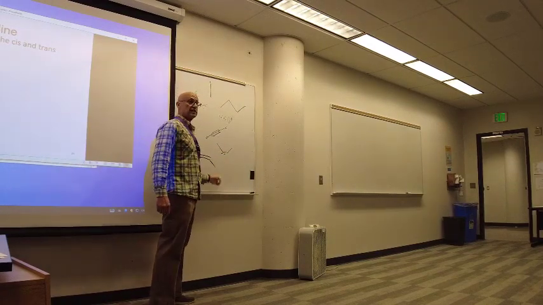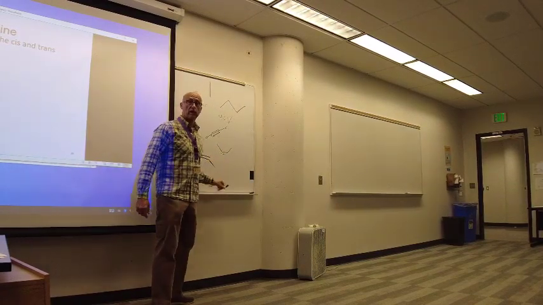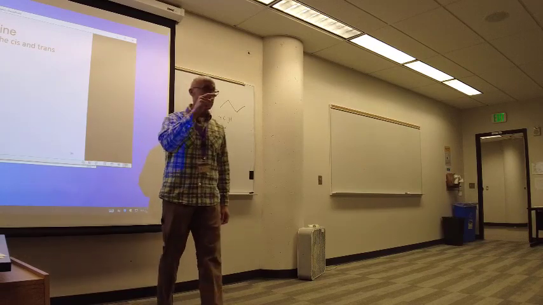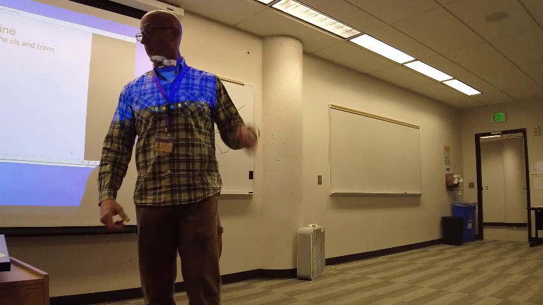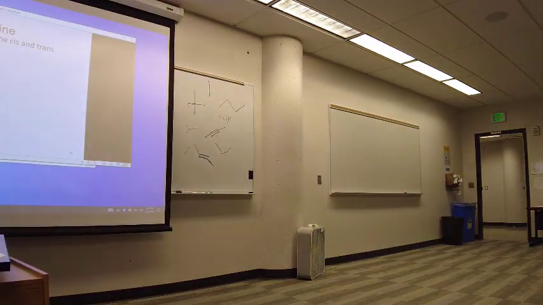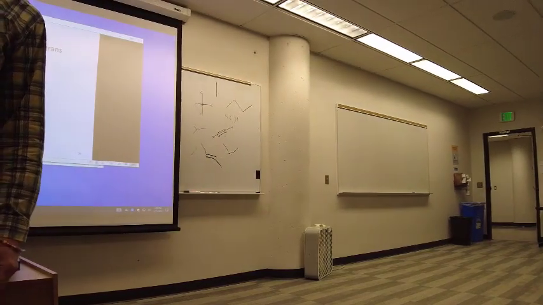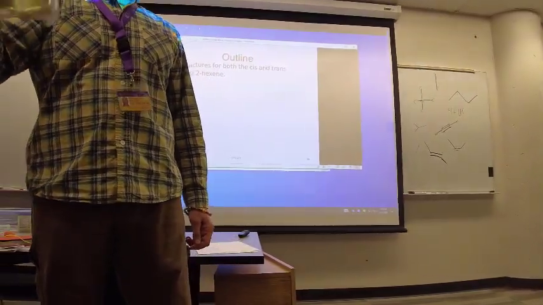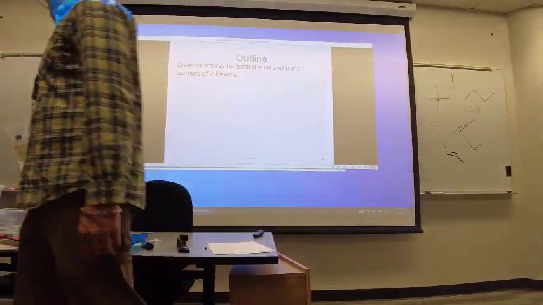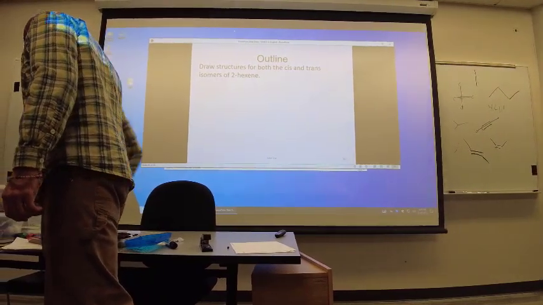This is cis and this is trans. So now when you start hearing trans fats and stuff, that literally is what's in there. So this probably has cis fats in it. Okay, this is just vegetable oil, but it has cis fats in it. Okay? So we need to get that down.